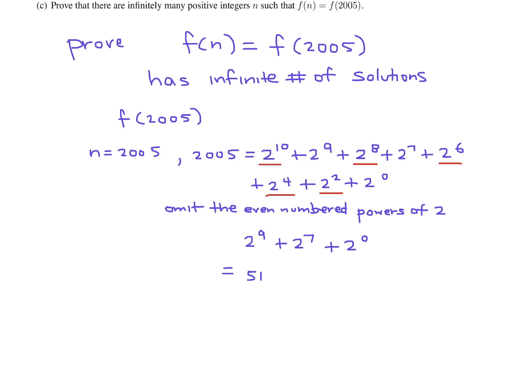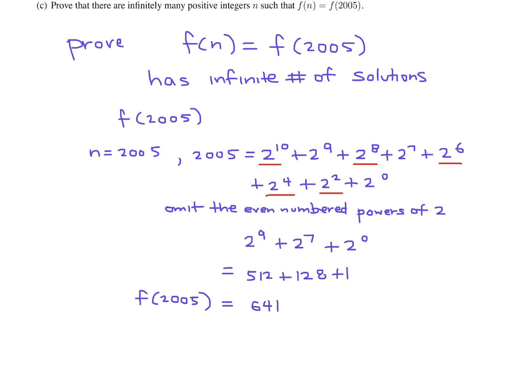And that is 512 plus 128 plus 1, which is 641. So that basically means that f at 2005 is equal to 641.